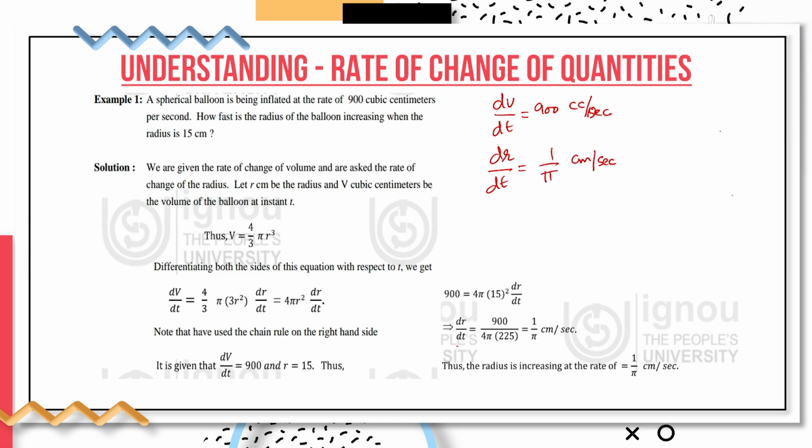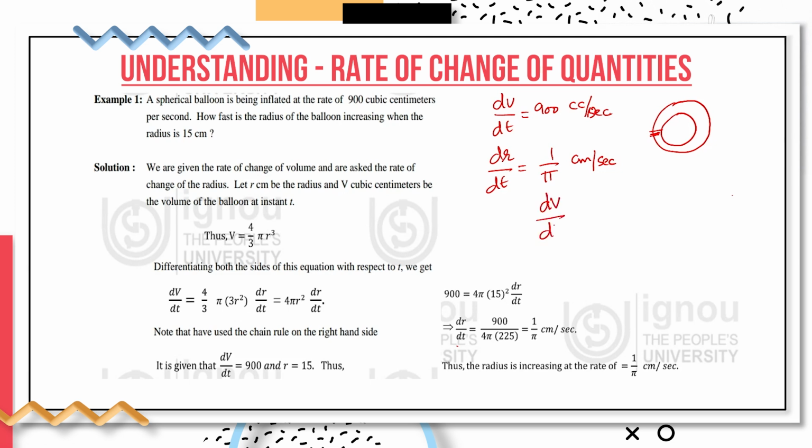Many a times we want to know how the volume is varying as the radius is varying. So, if somebody wants to know how the volume of the balloon is varying as the radius is varying: if we are inflating the balloon, the radius will be increasing, so with the increase in radius, how is the volume varying?